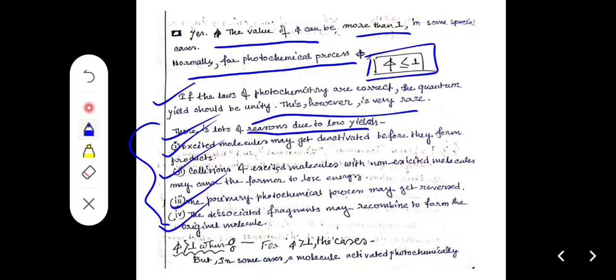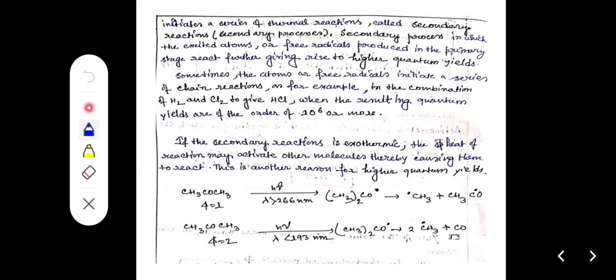Now we consider when phi is greater than 1. In some cases a molecule is activated photochemically and initiates a series of thermal reactions called secondary reactions or secondary processes, in which excited atoms or free radicals are produced and initiate many reactions.